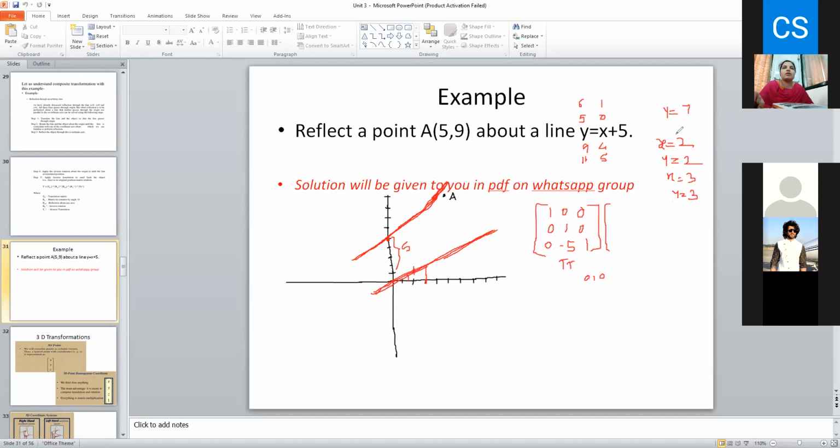That means we are on the line y equal to x. We are on the line y equal to x. मग आपल्याकडे ऑलरेडी रिफ्लेक्शन मॅट्रिक्स आहे y equal to x लाईनचा. What is that reflection matrix? For the y equal to x line, I am having this reflection matrix: x becomes y and y becomes x.